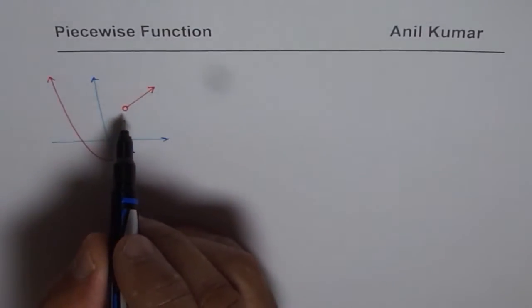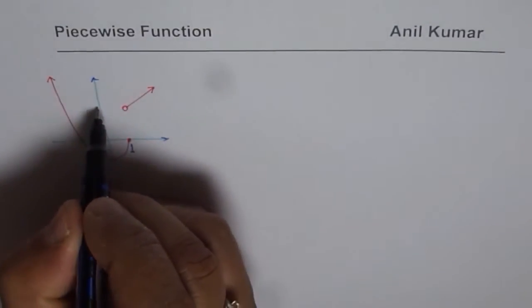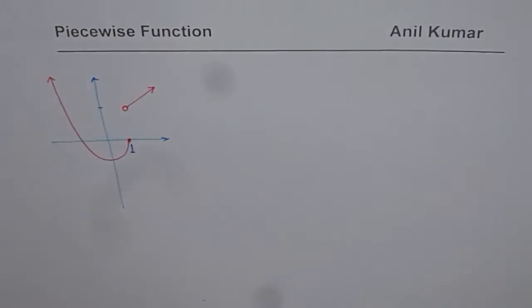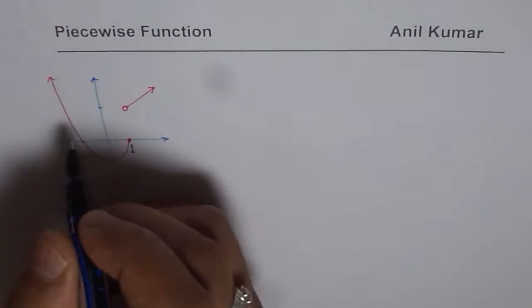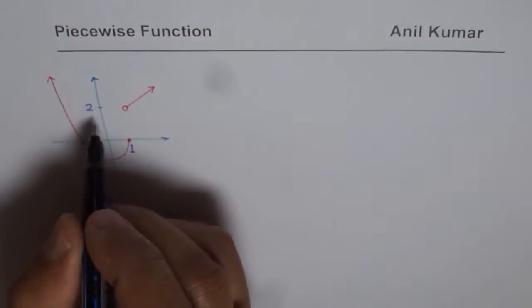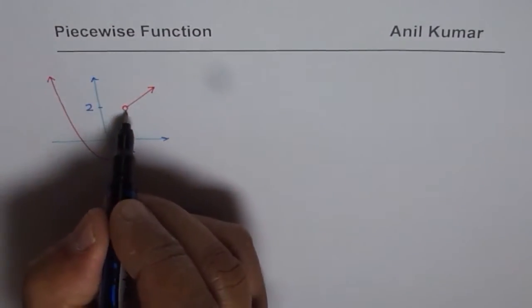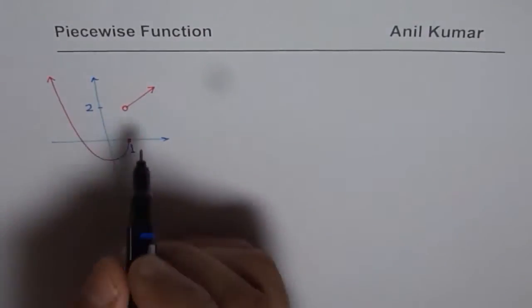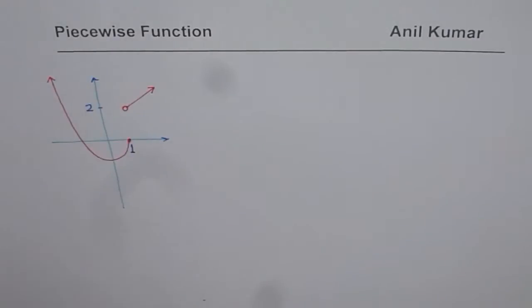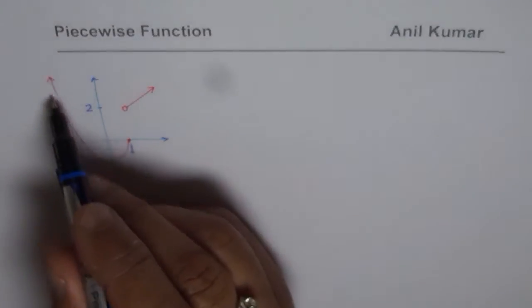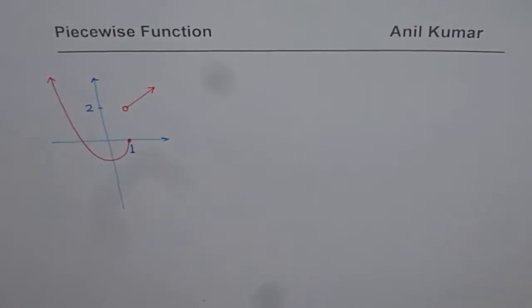The other piece starts at 1 on the right side, and let us say this value here is 2. The hole which is not filled in means that at 1 the domain of the second function does not include 1. At 1 it is the parabola which we need to consider, right?